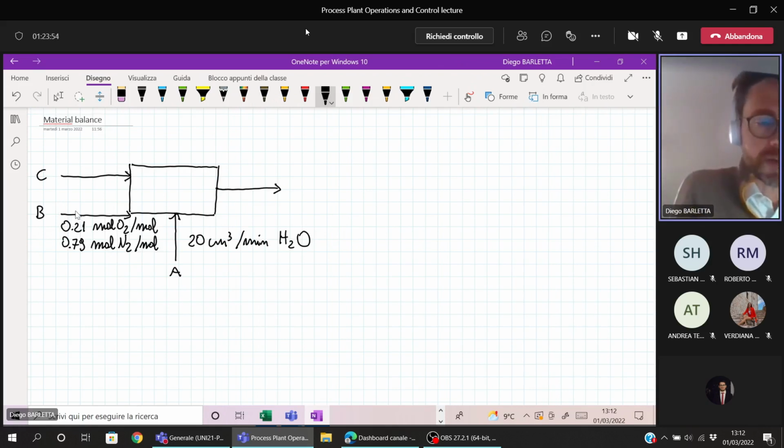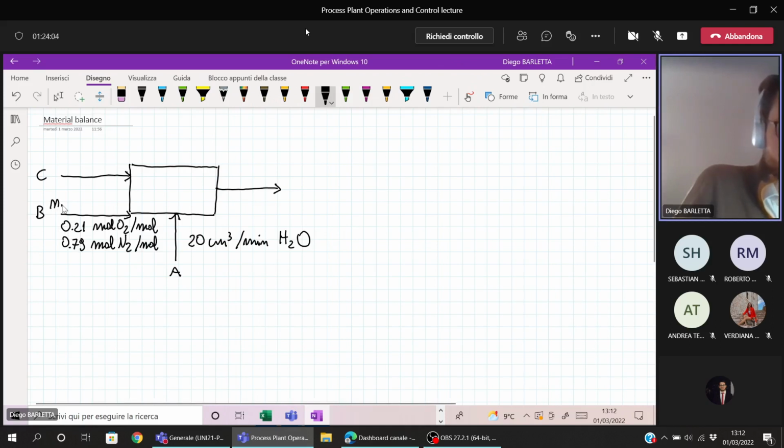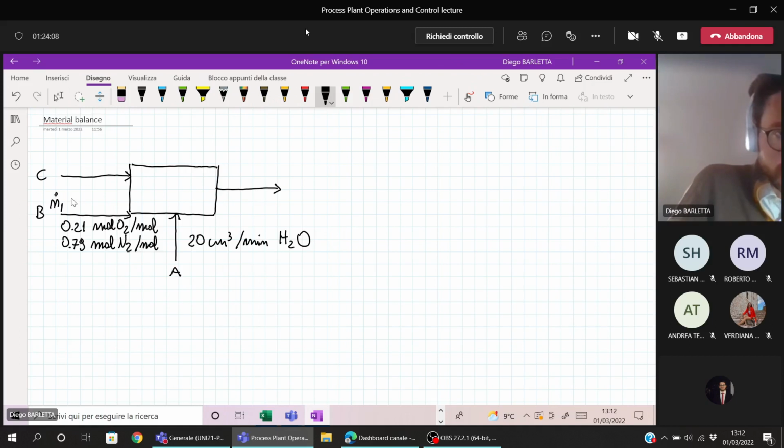For example, for B, we do not know the total molar flow rate. We only know the composition. And so we could write N1 dot, with unit mole of air per minute.